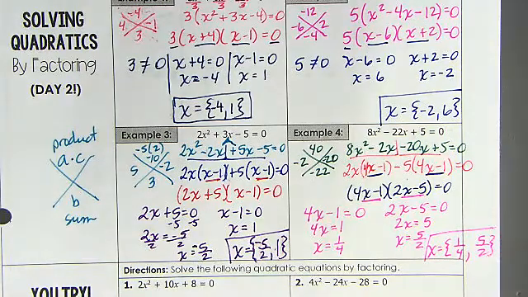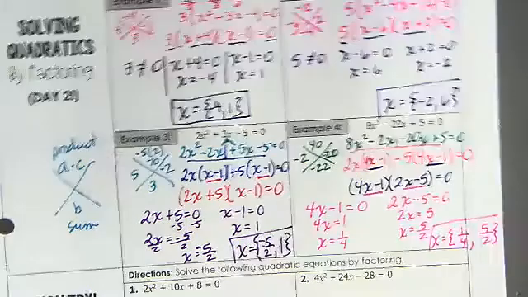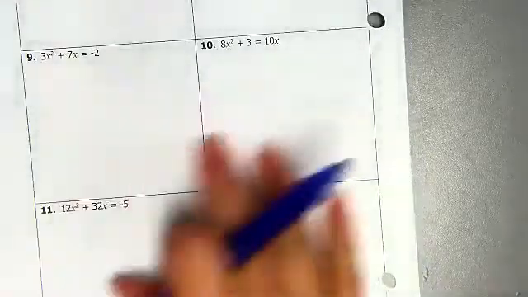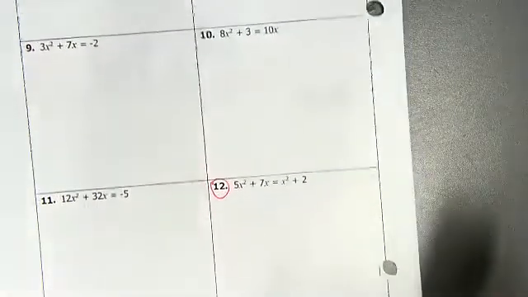And one more example, and then we're done. We're going to look at number 12 on the back. Okay. Well, the reason I chose this is because in this section on the notes, they're not equal to 0 right now.